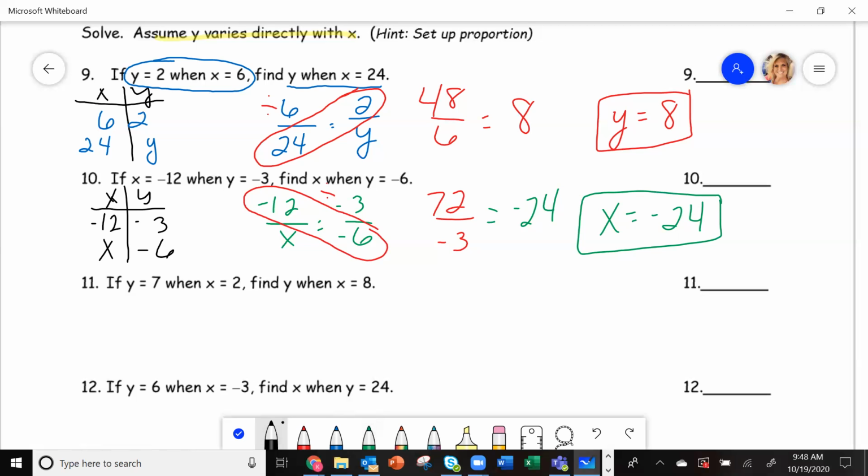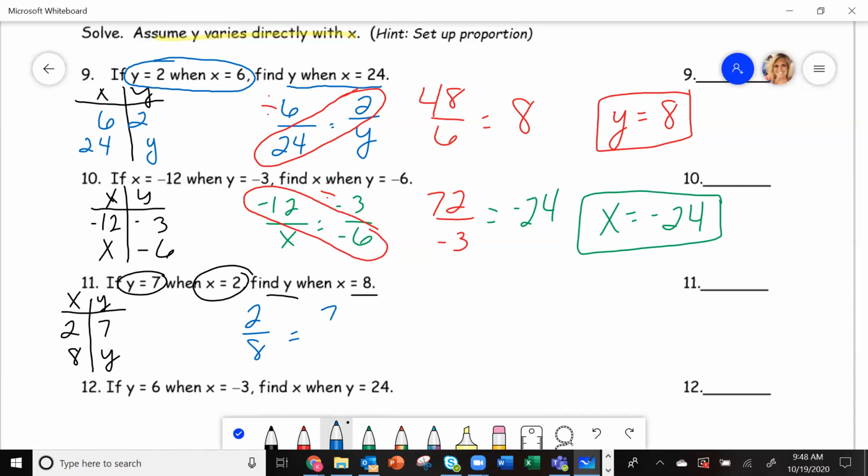Okay. Number 11, when you went to set this up, x and y: when x is 2, y is 7. Find y when x is 8. If I set it up, 2 over 8 equals 7 over y.